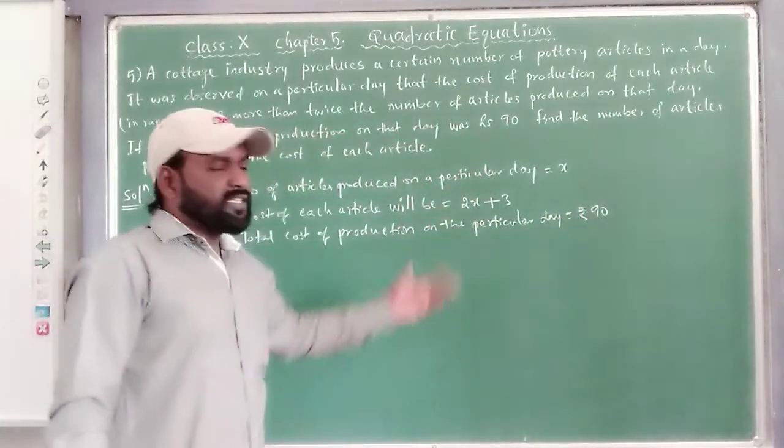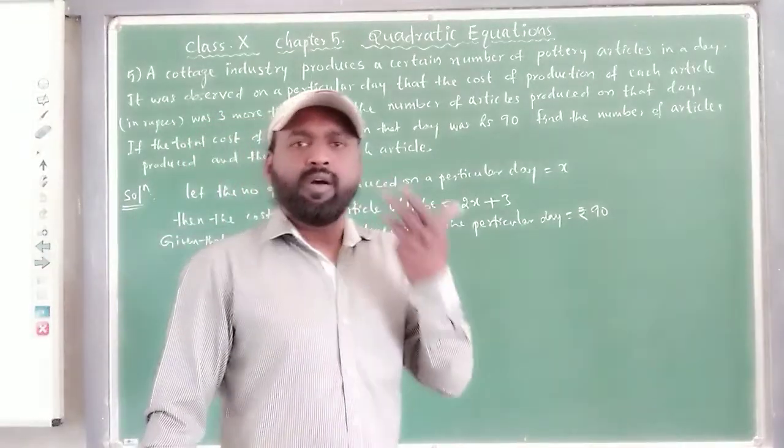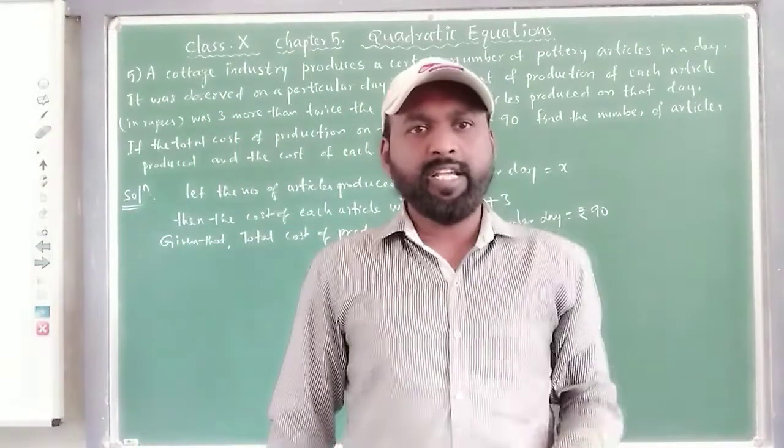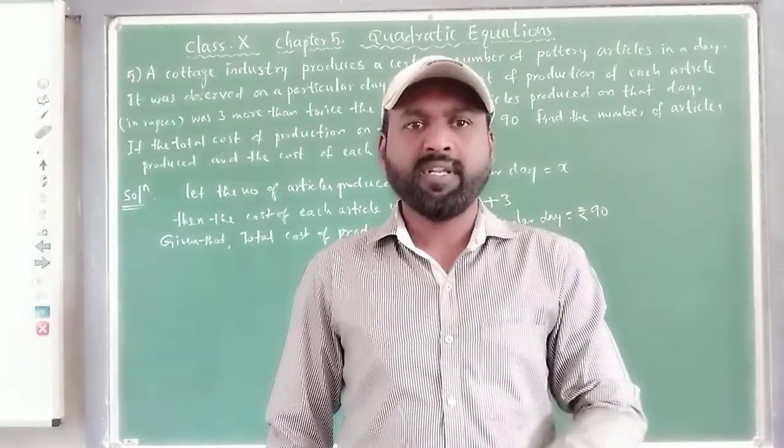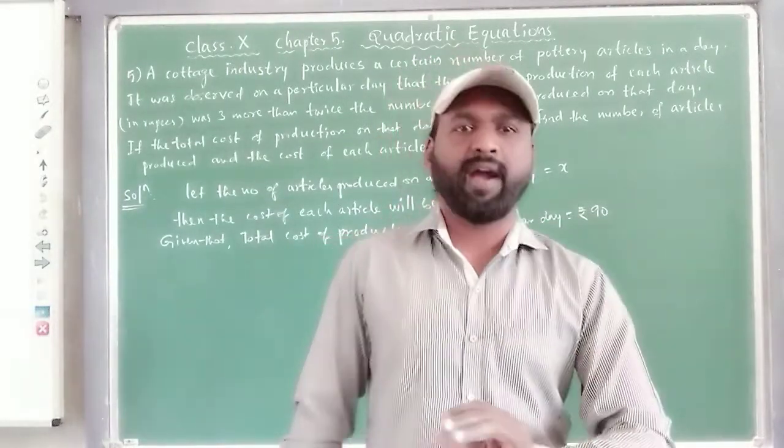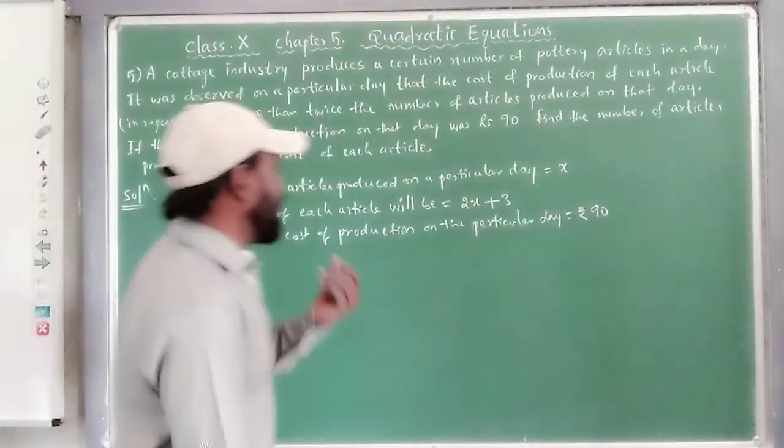So by using all these elements, we have to construct a quadratic equation. Okay? When we get the general form of the quadratic equation, then we can factorize it and find what we need to find.